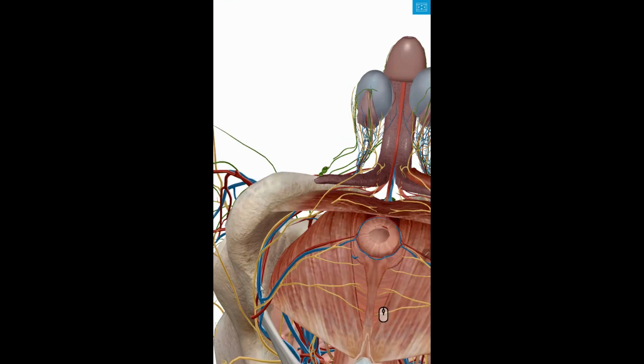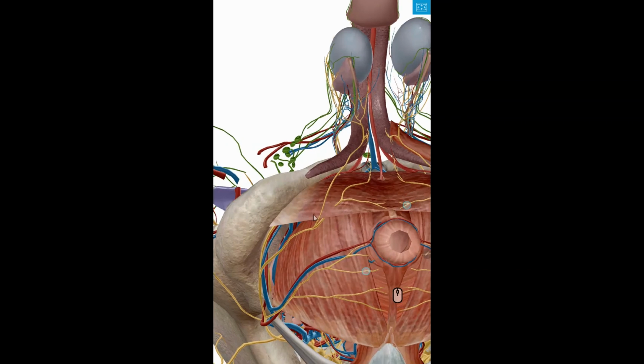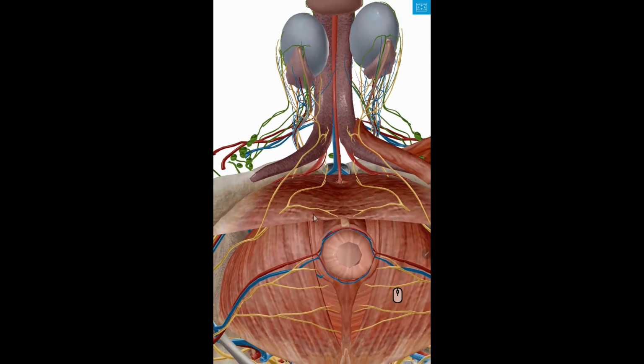The internal pudendal artery, the internal pudendal vein, and the pudendal nerve and its branches are contents of the deep perineal pouch. Now to appreciate the other contents of the deep perineal pouch, we must dissect the perineal membrane.